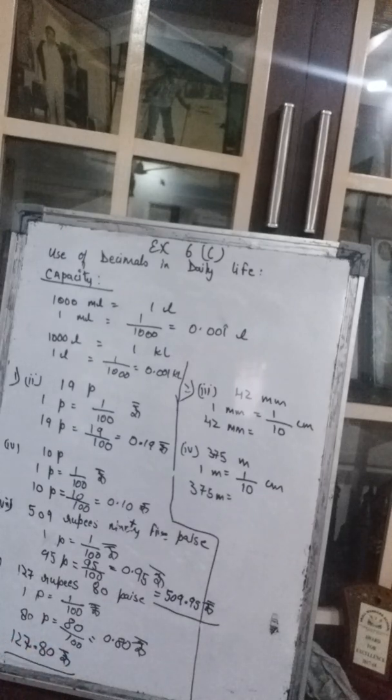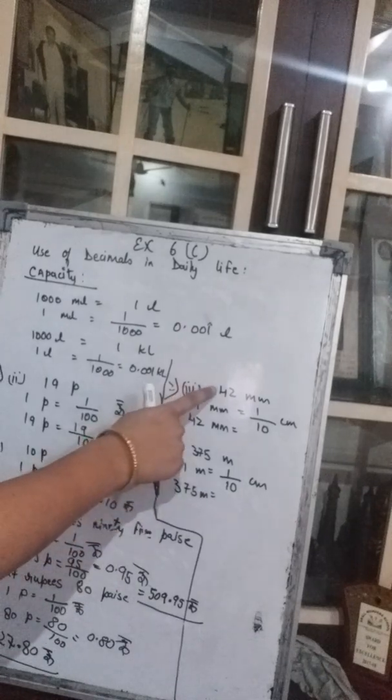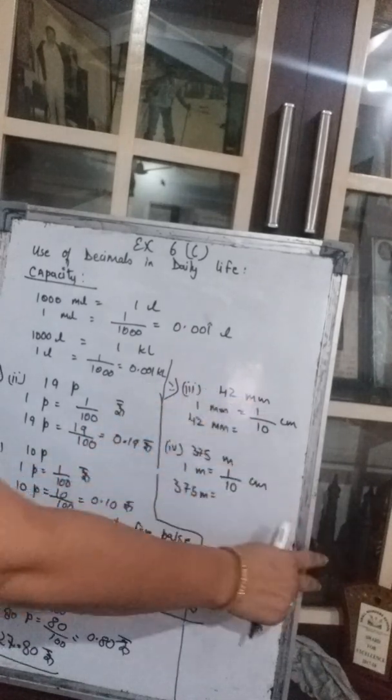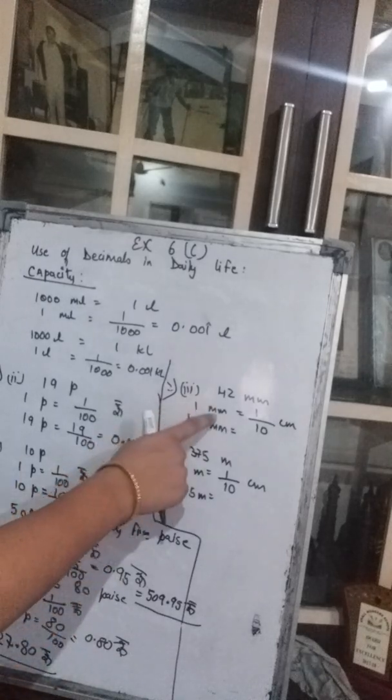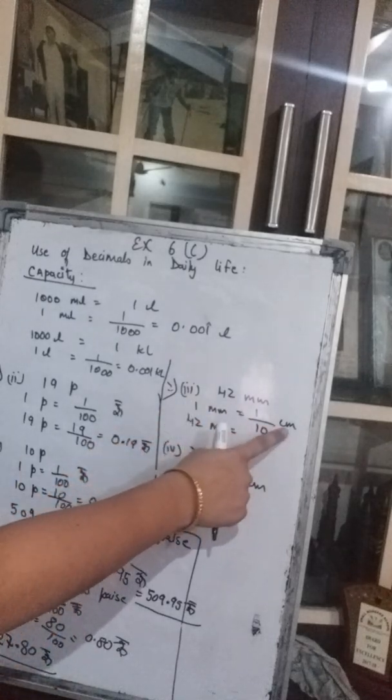Got it? Now we come to the second question. Third part and fourth part we will do. It says express as centimeters using the decimals. So you know that third part is 42 millimeter. We have to convert it into centimeter, into the bigger unit. 1 millimeter is equal to 1 upon 10 centimeter.